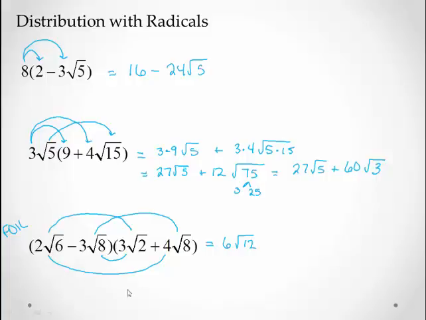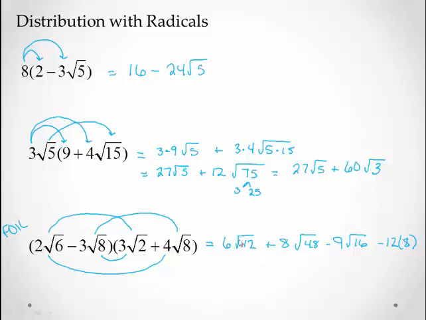And then outside, 2 radical 6 times 4 radical 8. 2 times 4 is 8. 6 times 8 is 48. Inside, so that's negative 3 times 3, which is negative 9. And 8 times 2, which is 16. And then last, negative 3 times 4 is negative 12. Square root of 8 times the square root of 8 is just 8.